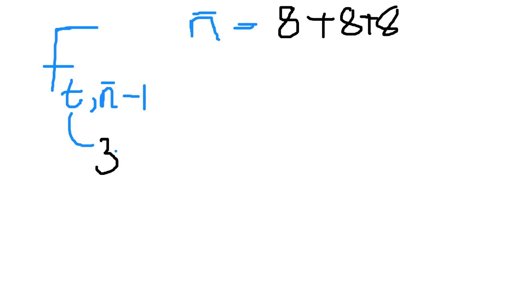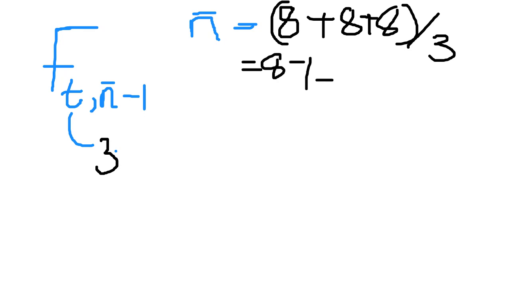You divide by the total number of treatments. It's 8, right? 8 minus 1 is 7, right? So now the value that we're going to check from the table is F of 3 and 7. What is the answer?